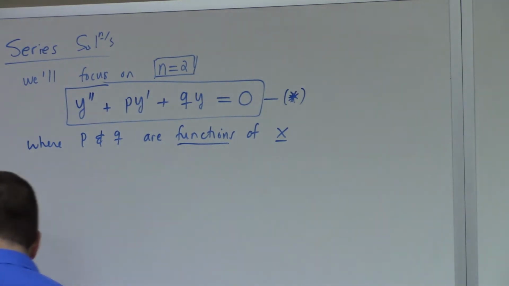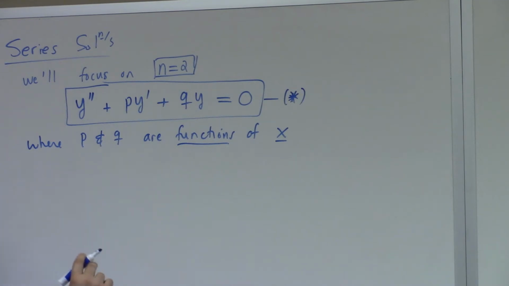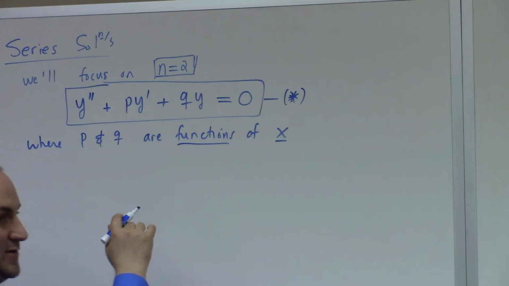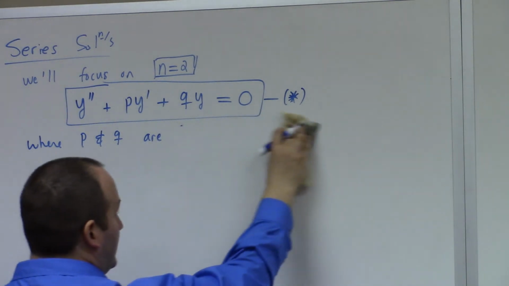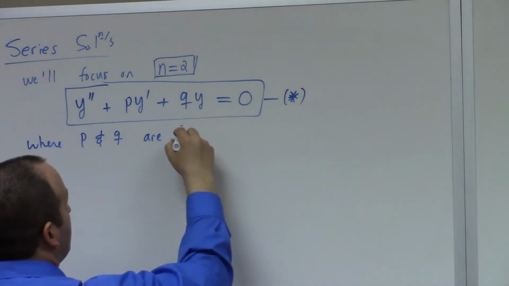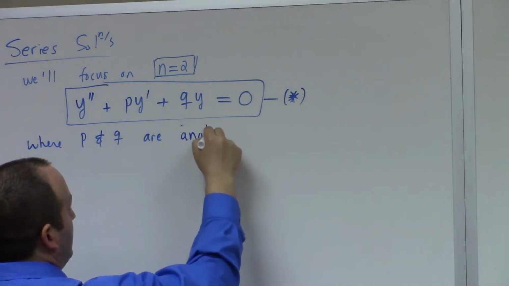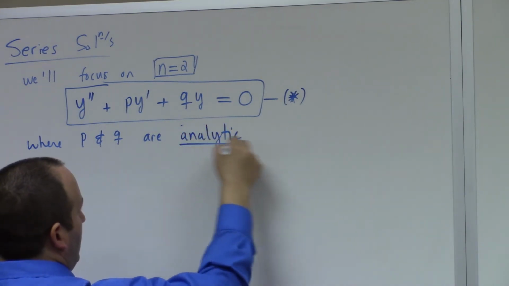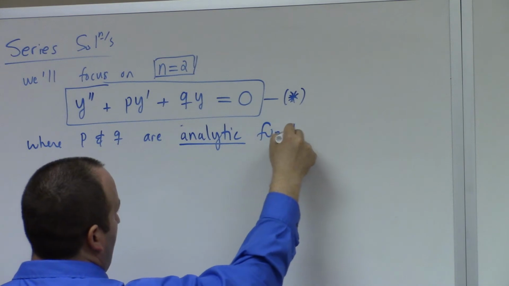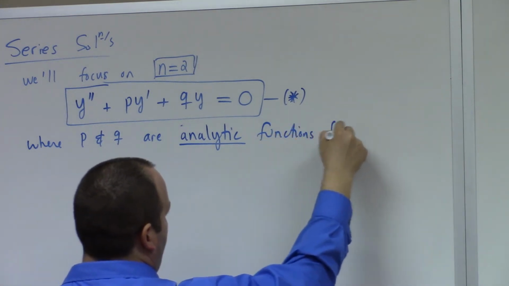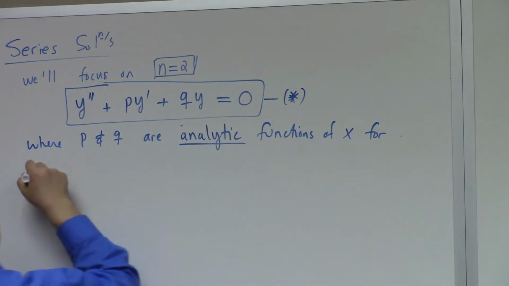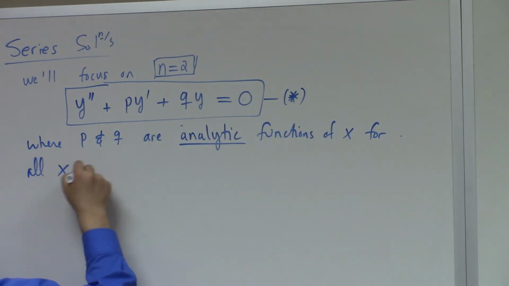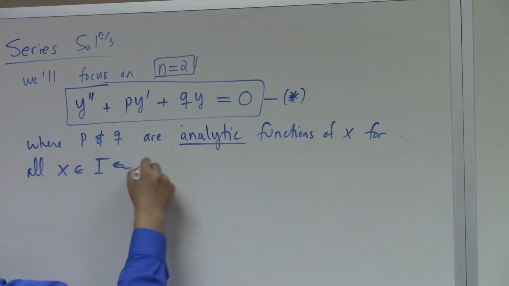What I'm about to state, it's hard for you to know until I write it. So suppose P and Q are not just functions. Suppose that they're analytic functions of x. What's that mean? So that's some interval.